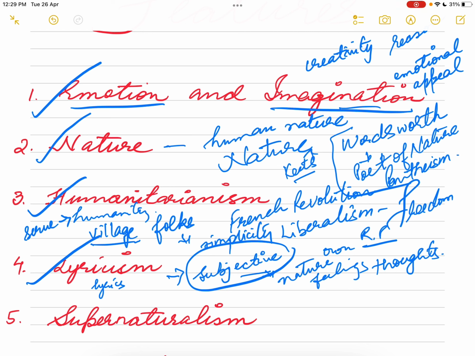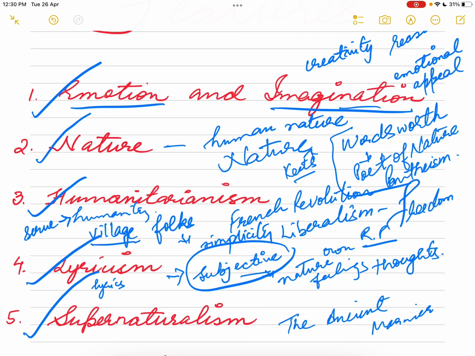Next, supernaturalism, as the term suggests, and you can understand it better. Coleridge is known as the greatest master of supernaturalism in his poem that is prescribed to you, The Ancient Mariner. Supernaturalism is something that does not belong to the real aspect of life. It is an outstanding Romantic quality.